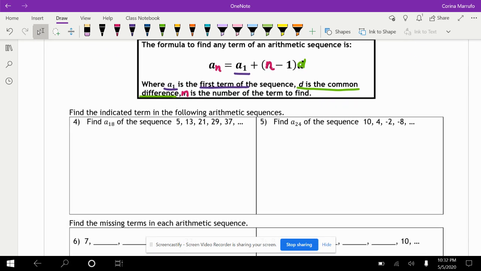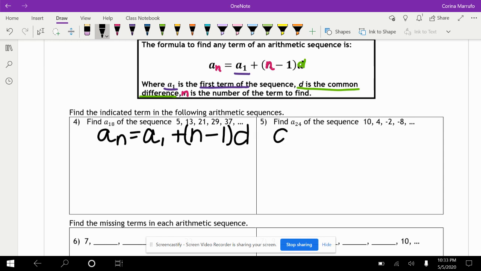So here it says find the indicated term in the following arithmetic sequences. So I'm going to go ahead and copy down the formula here. a sub n equals a sub 1 plus n minus 1 times d. I'm going to go ahead and write it twice because we're going to need it for the next one.